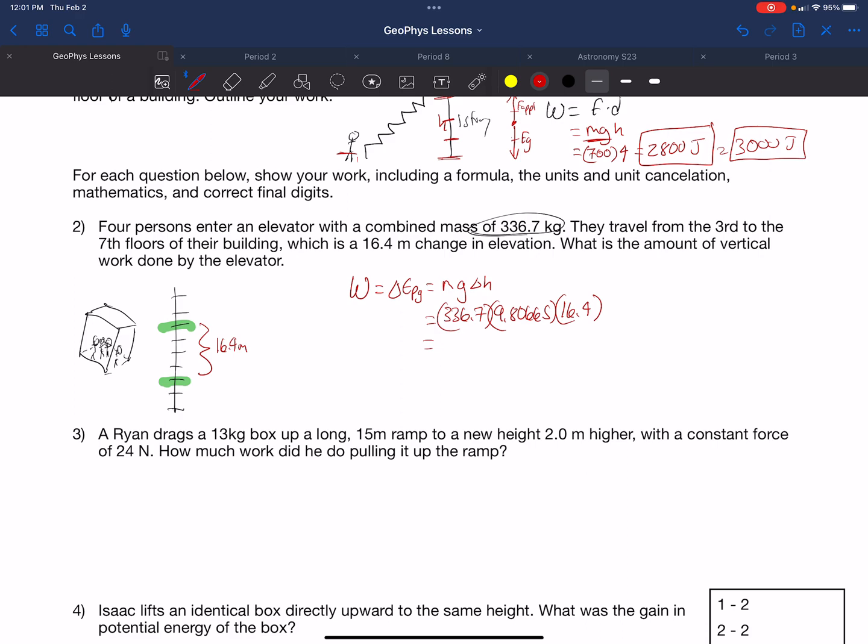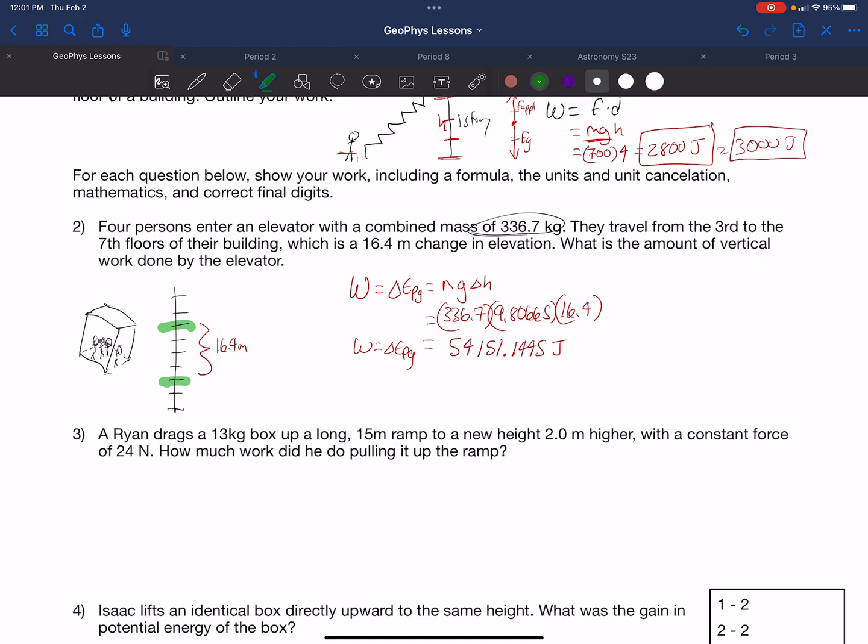So multiplying those out, we get 336.7 times 9.80665 times 16.4, which is 54,151.1445 joules. So that is the work, and that is equal to the change in gravitational potential energy.